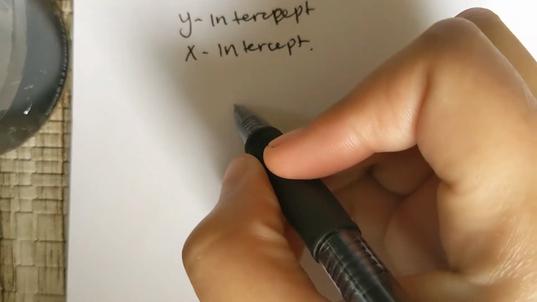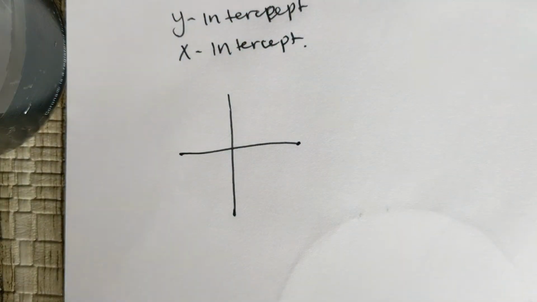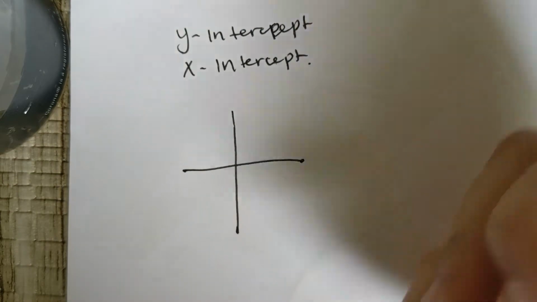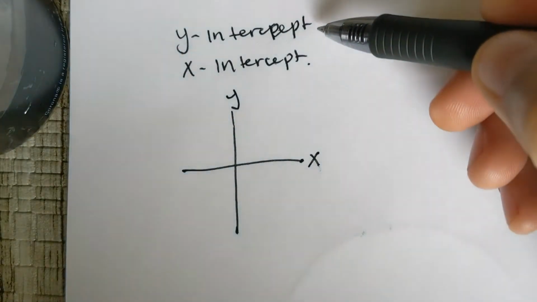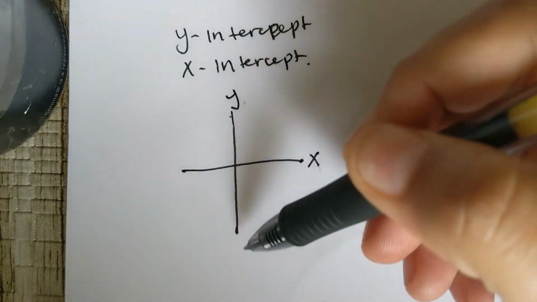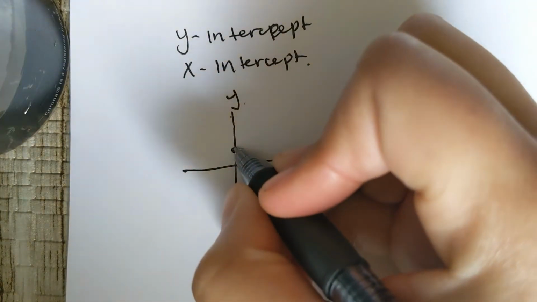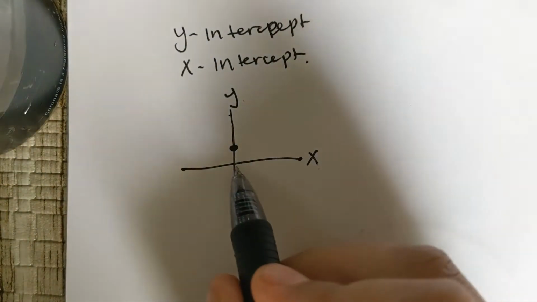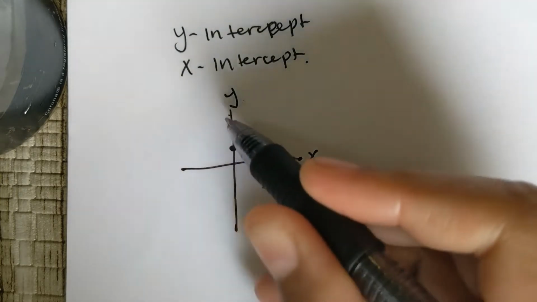So if we have our little graph right here, let's try to figure out the y-intercept first. This is x and this is y. Y-intercept means where the line crosses the y-axis, okay? So let's say my line is right here. So x has to be equal to 0, so we're on this line.